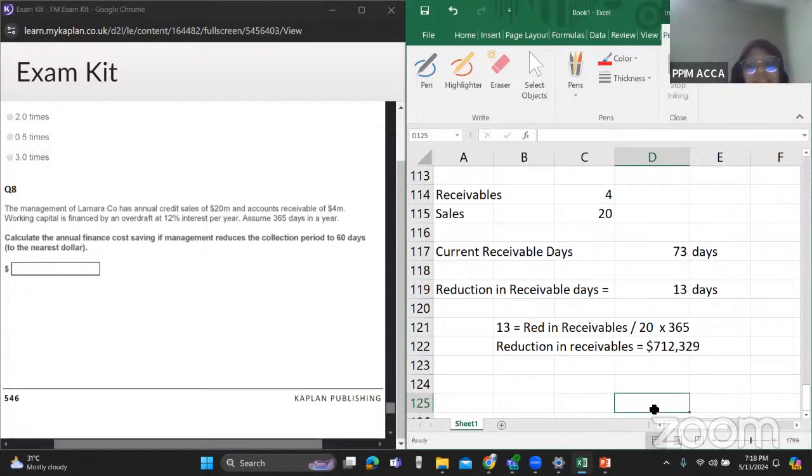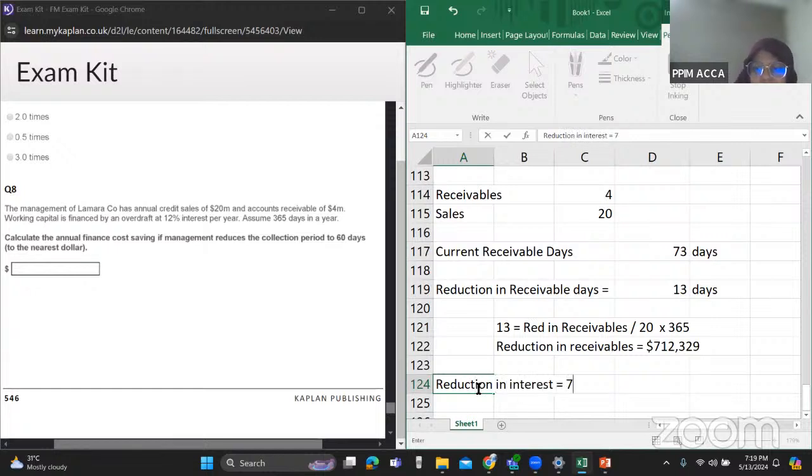So if you get this 712,329 early, you will not have to finance that with an overdraft, meaning you will save 12% of interest on this 712,329. Okay, so reduction in interest will be 712,329 into 12%.